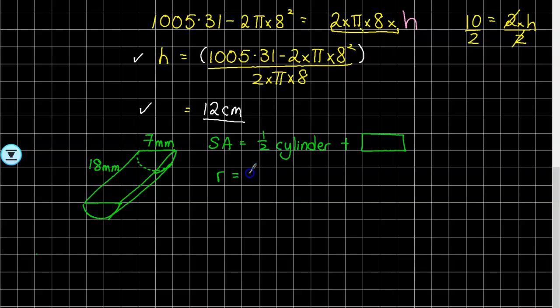You might just want to go, I'm writing 7/2, or you might want to stick with 3.5. I don't mind. But why is it 3.5 and not 7? Correct. That's the diameter. So half. What's the height? 18. Correct. Just because it's lying flat doesn't mean the height's different. So the height is 18.